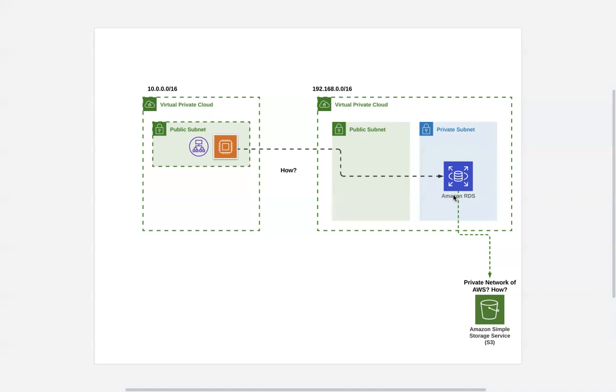So interface endpoints create a network interface within your VPC to access those services, whereas a gateway endpoint sits on the gateway at the edge of the VPC, like an internet gateway or a NAT gateway, and it has its own set of IP addresses with which we will access that internet-related AWS service like S3 and DynamoDB.